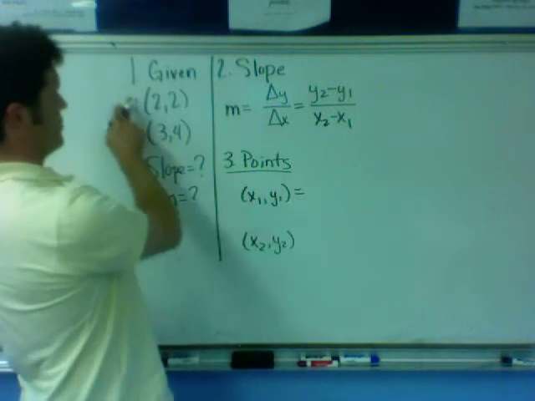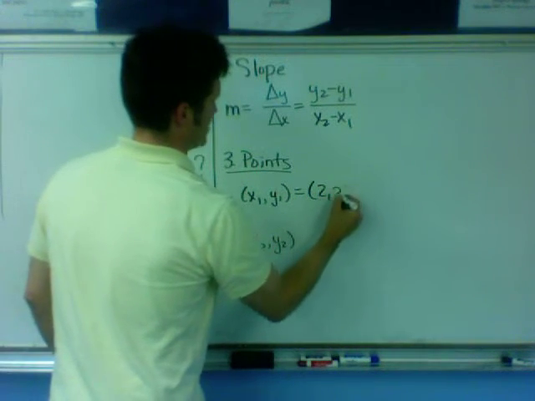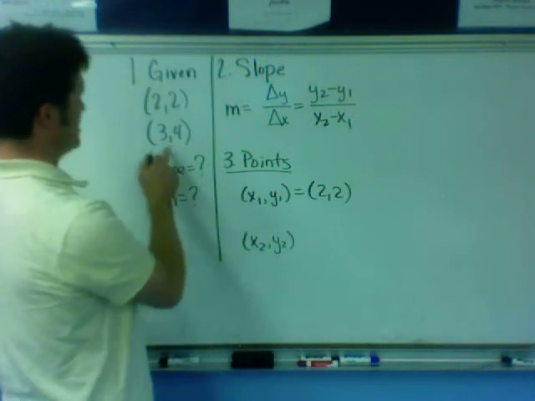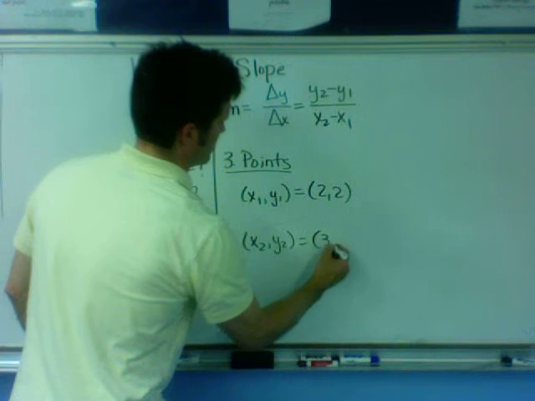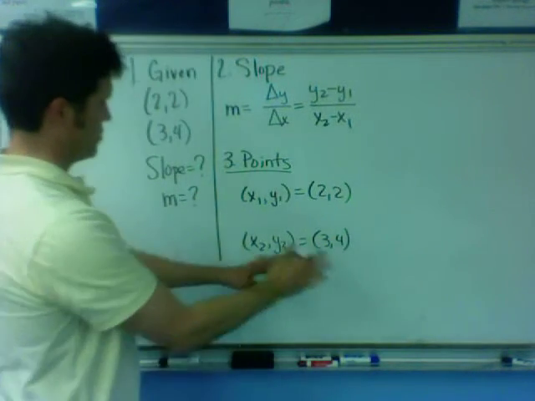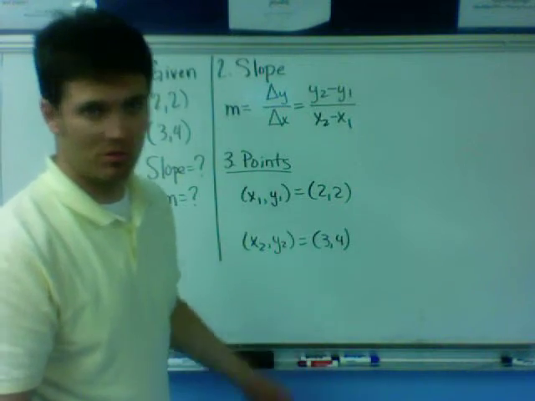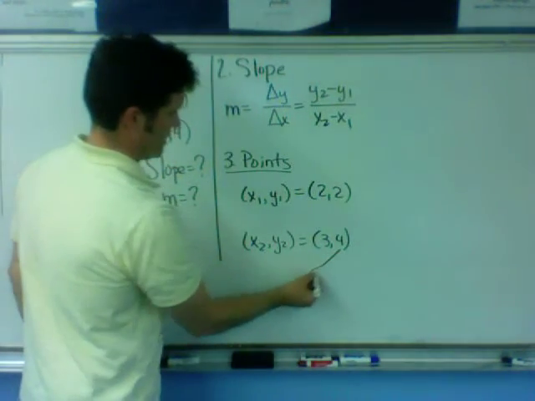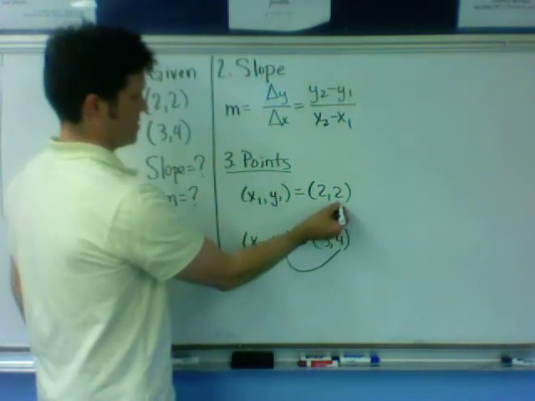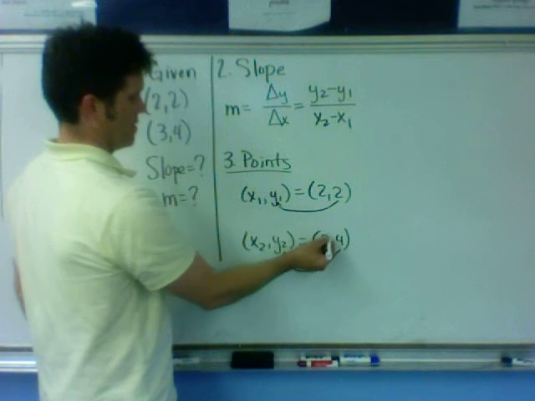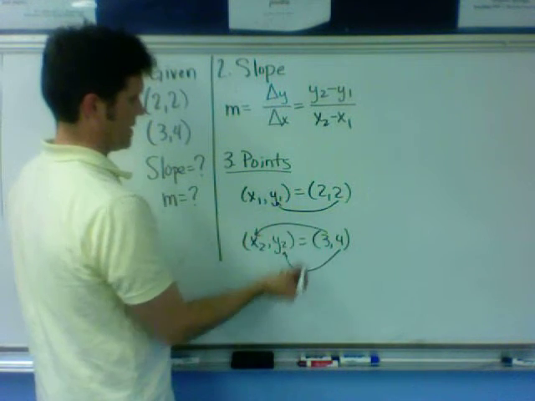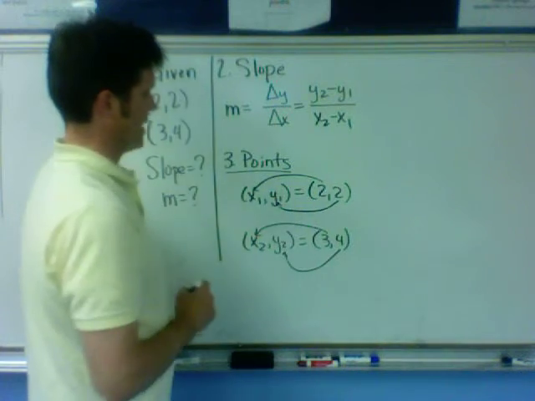The first one is just the first one, that's the (2, 2) pair. The second one is the second one, that's the (3, 4) pair. Now which one goes with which? The second one's just the second one, the first one's just the first one. So the 4 is the second y, the 2 is the first y, the 3 is the second x, and the 2 is the first x.